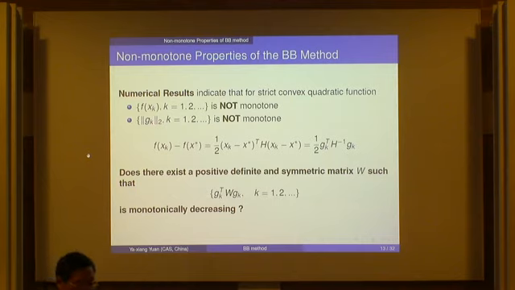Of course, when we try to minimize the function, we judge whether a point is good or bad by comparing the objective function value f of x. Or we can also evaluate the residual of the gradient, because once the gradient equals 0, we say we have got the optimal point.